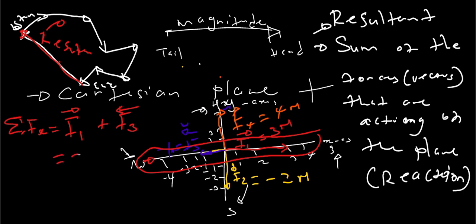We take the magnitudes, so this is 3 minus 1, which is 2 Newton. Since it's positive, it's going to be east. If you have a negative answer, it will be west. I hope you understand.